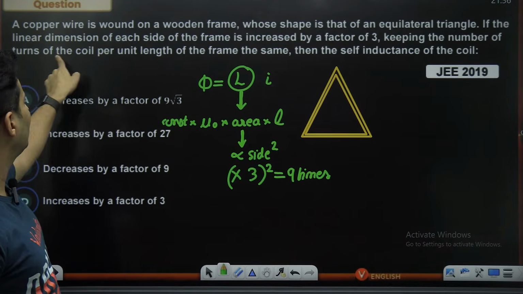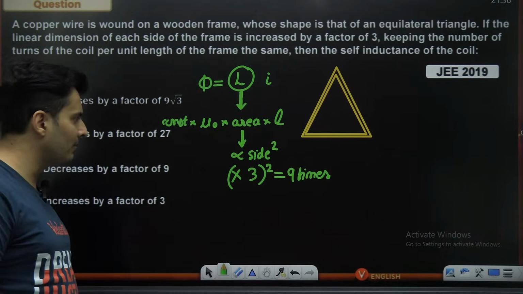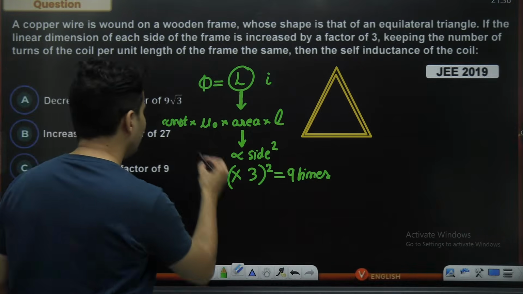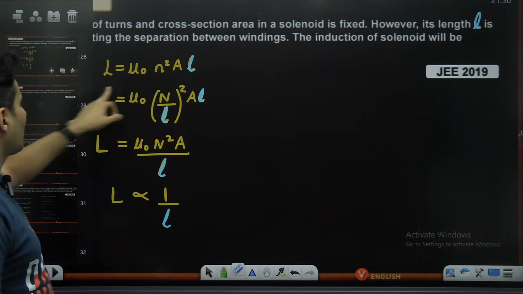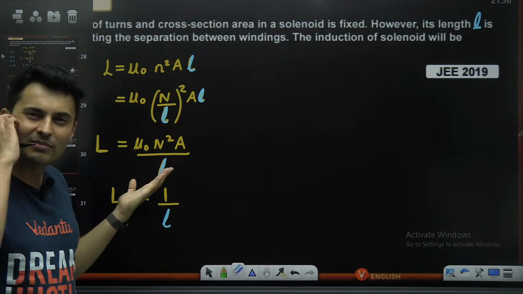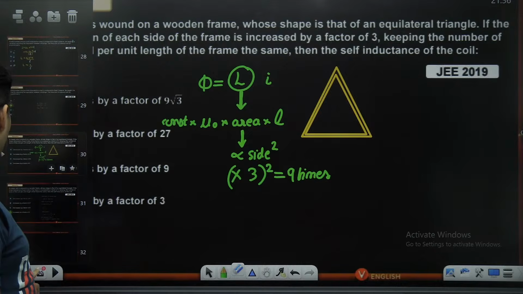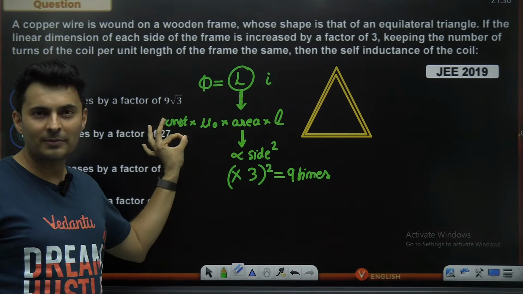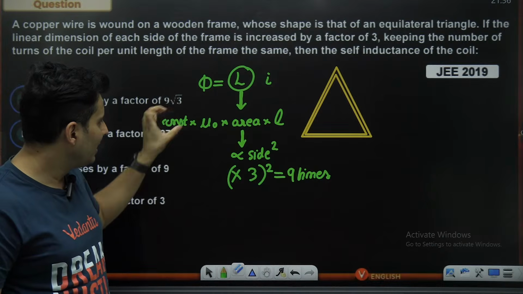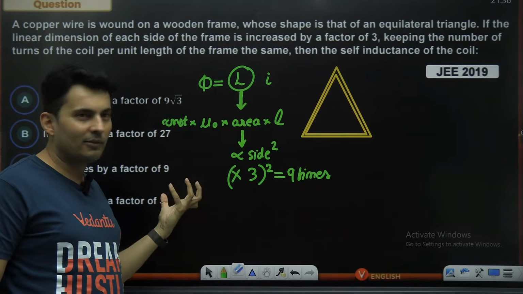Keeping the number of turns per unit length the same, just like before, here also you will have some number of turns factor involved. Number of turns will be there per unit length and all of that.